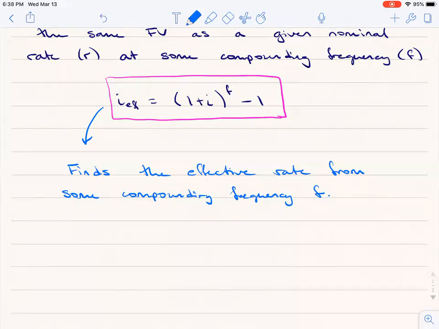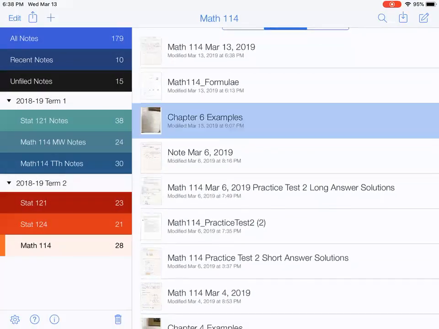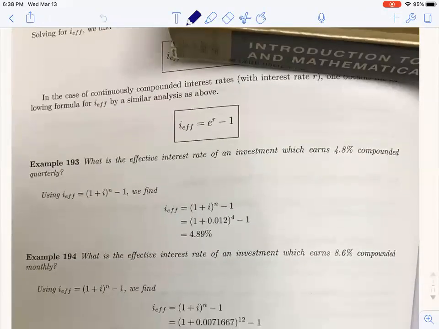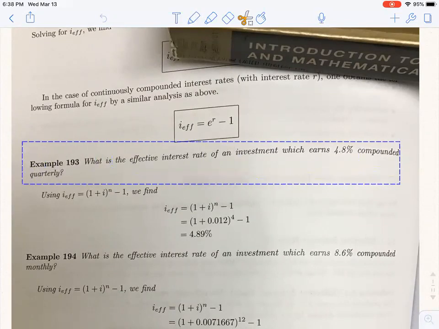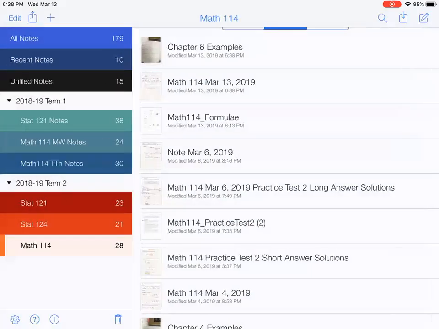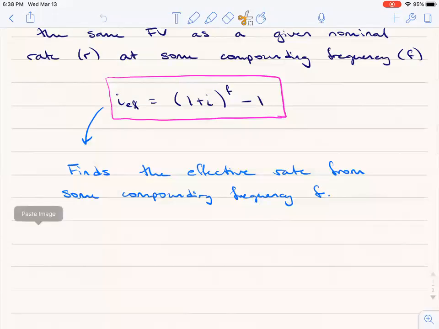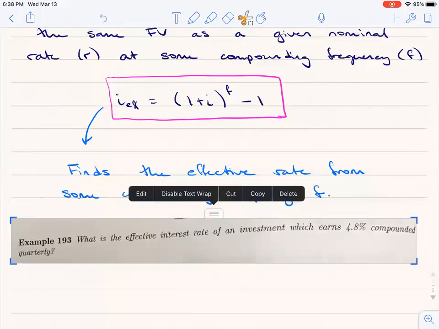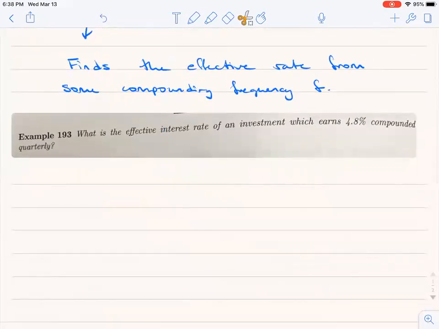As an example, let's do example 193. What you'll notice is that the effective rate is going from some compounding frequency F to just a frequency of 1, annually compounded.